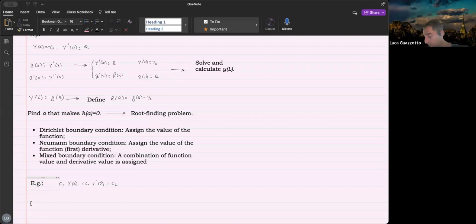Now there is still a little bit more that we can do. Of course, you could do the opposite, assign y prime. It doesn't make a difference. This is all nice and great.